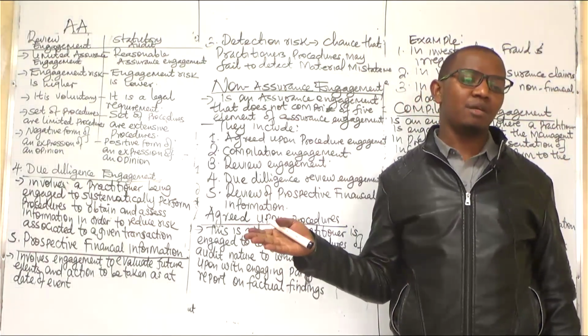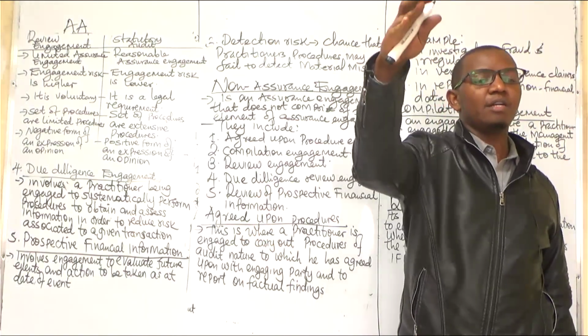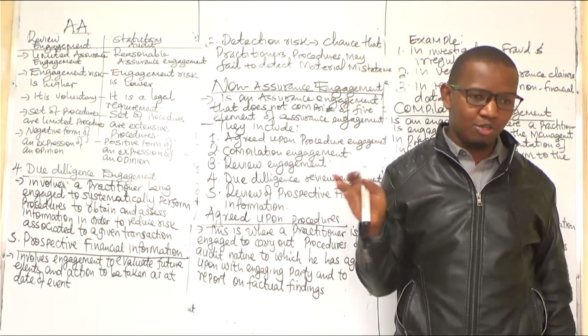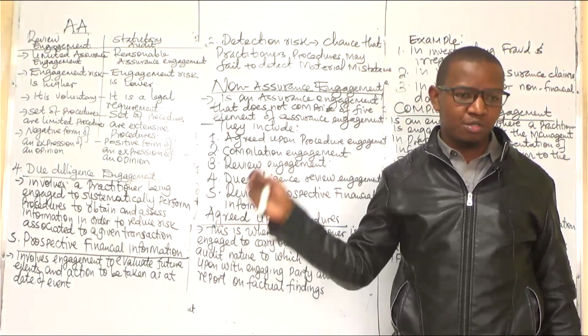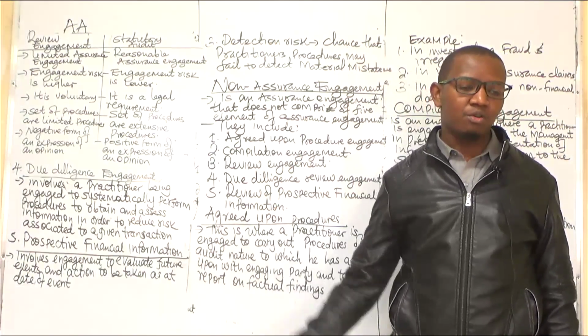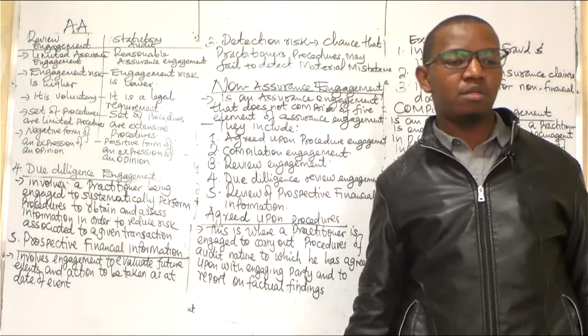Or let's say the weather people will tell you that probably at this time something is going to happen. So you may be engaged to review such cases. We call that prospective financial information.